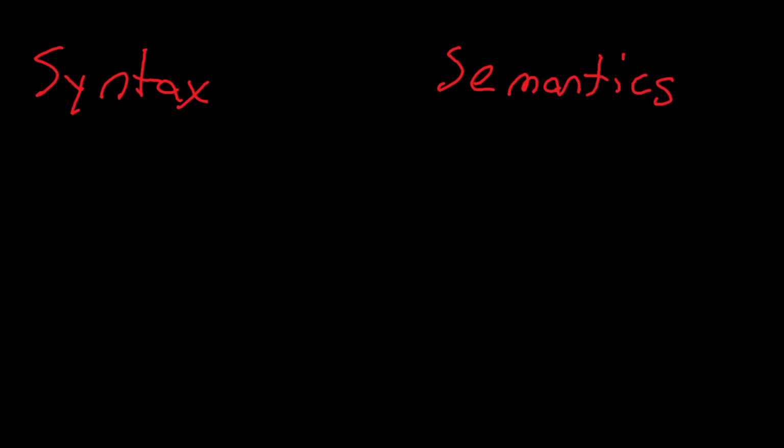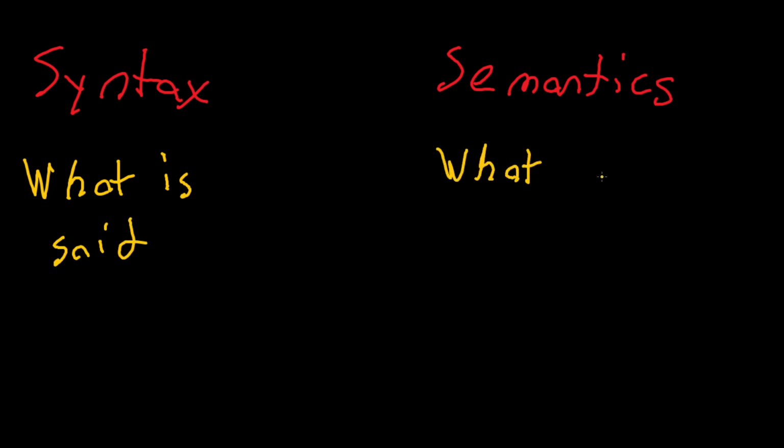This is much more of a linguistic phenomenon than a mathematical one, but whenever we're dealing with a language, this is a useful question to ask. Syntax basically refers to what is said, and semantics refers to what it means.